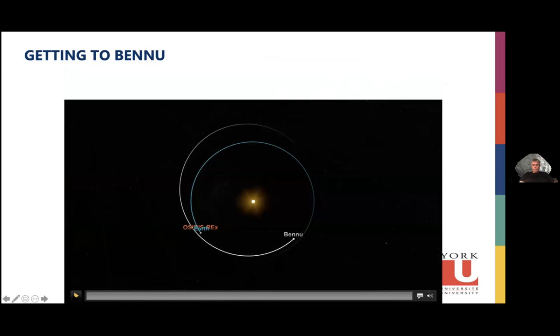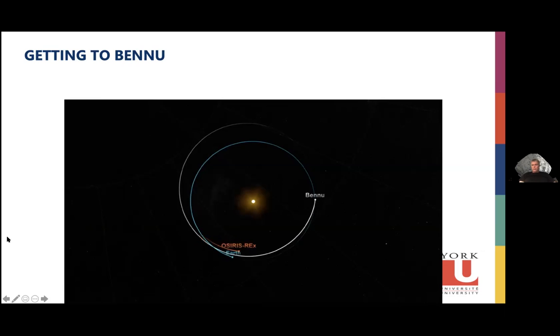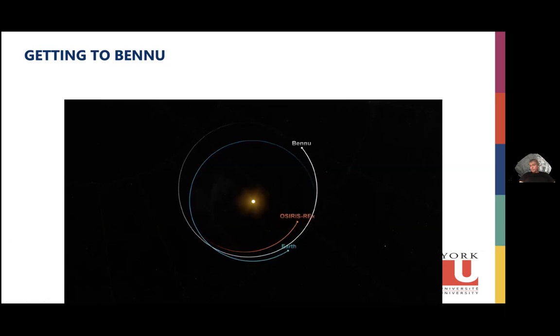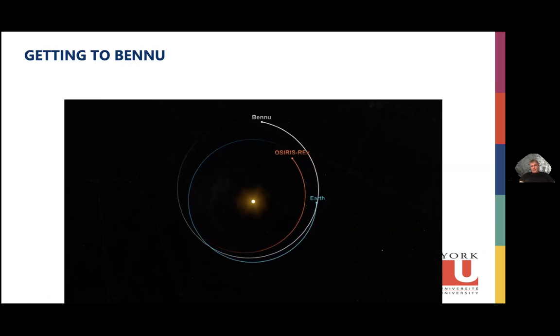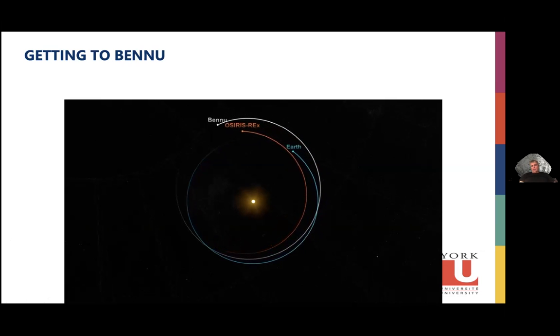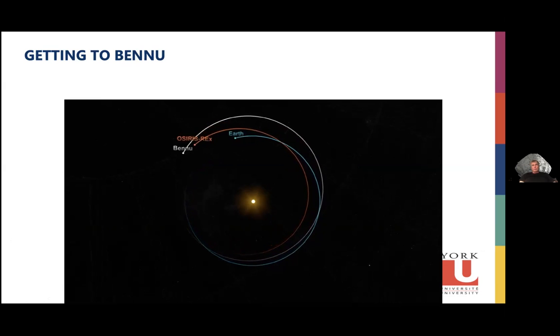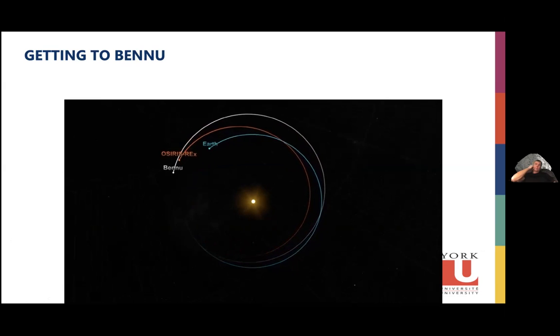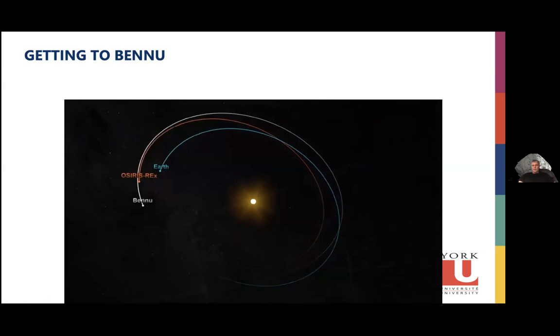All right, so here's a little bit how the journey from Earth to Bennu went. So we launched, heading towards Bennu. We launched in September of 2016, and we got to proximity operations of Bennu in December of 2018.